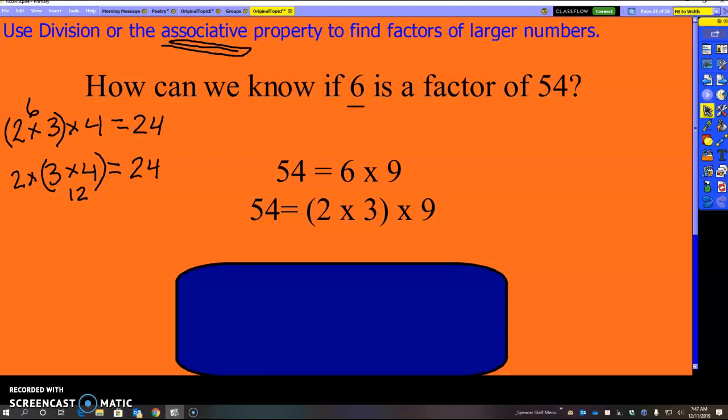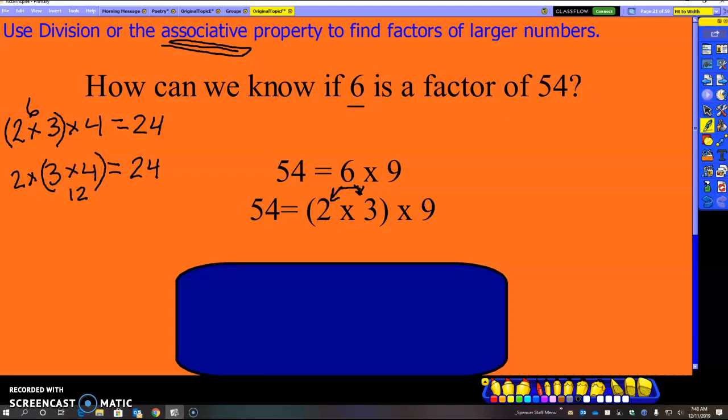This one's pretty cool. This is on the back or the second page of your problem set. And I do want you to try the ones that are there. You're going to be filling in some blanks of this factor broken down into 2 smaller factors. So 6 can be made with 2 times 3.